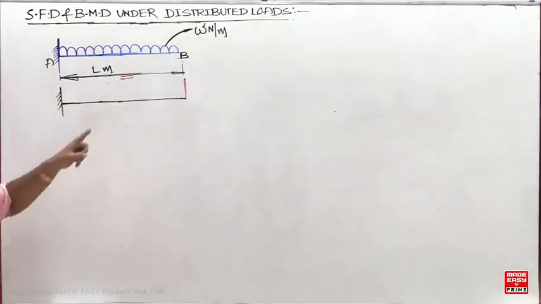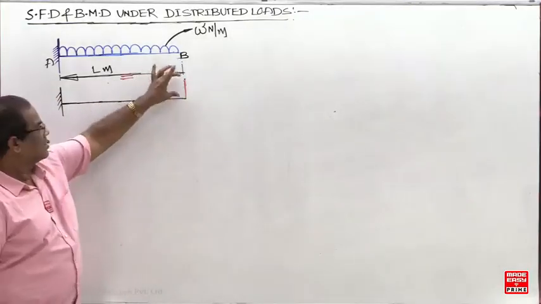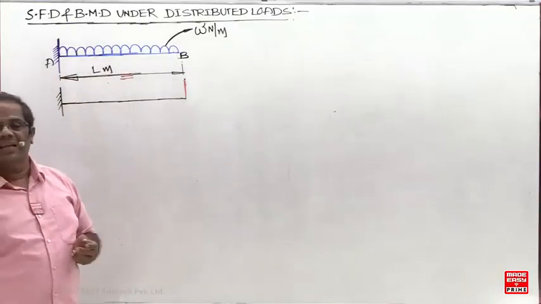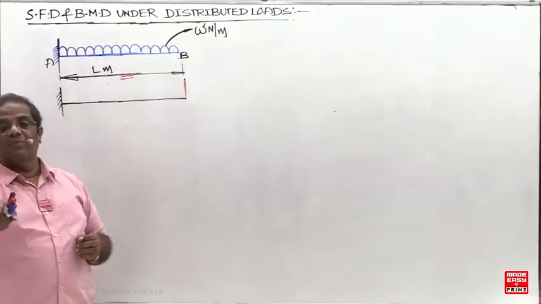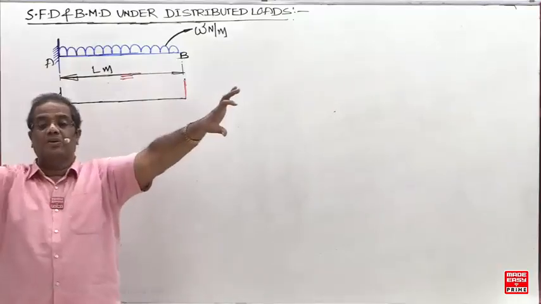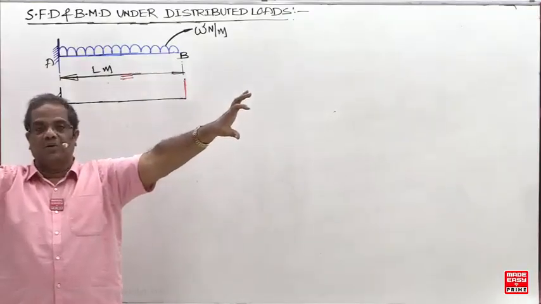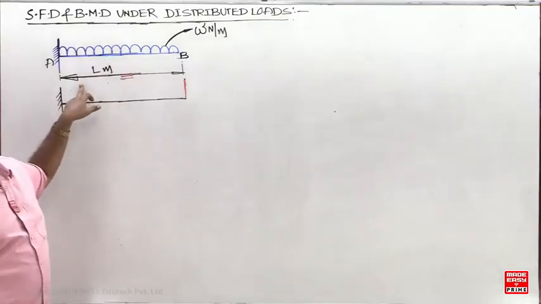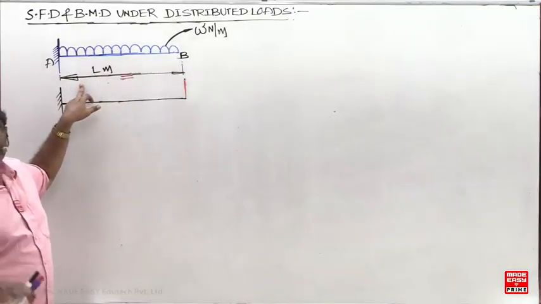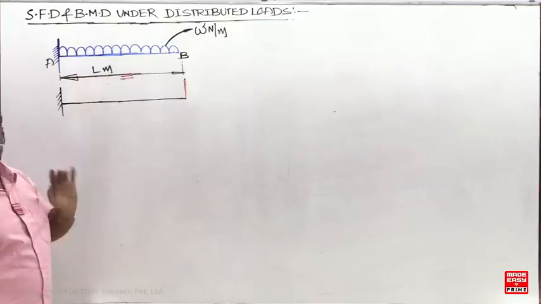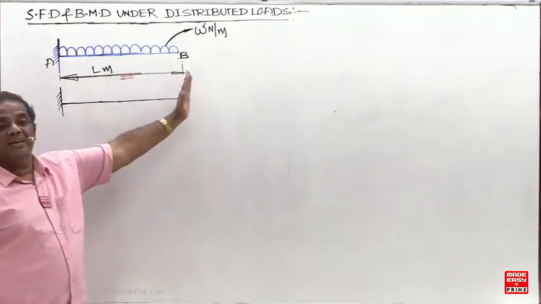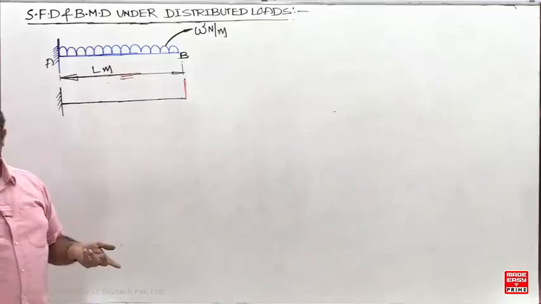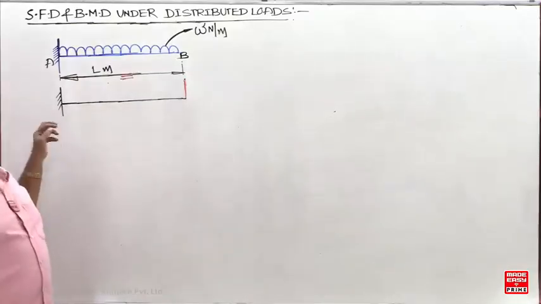Another example: the total weight of the person is 100 kilonewtons, and he is sleeping on a beam of 5 meters length. The length of the beam and the height of the person are the same, so the total weight is distributed over 5 meters.